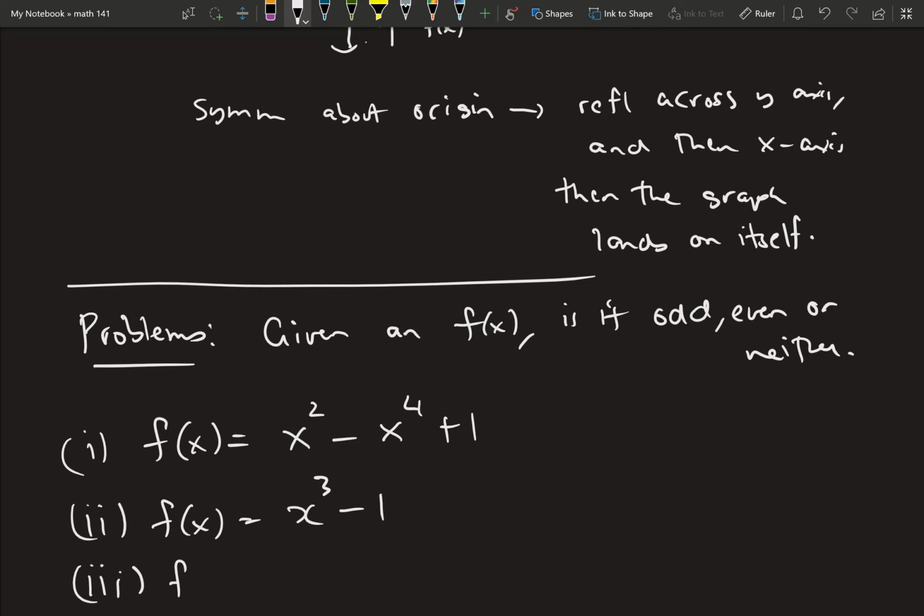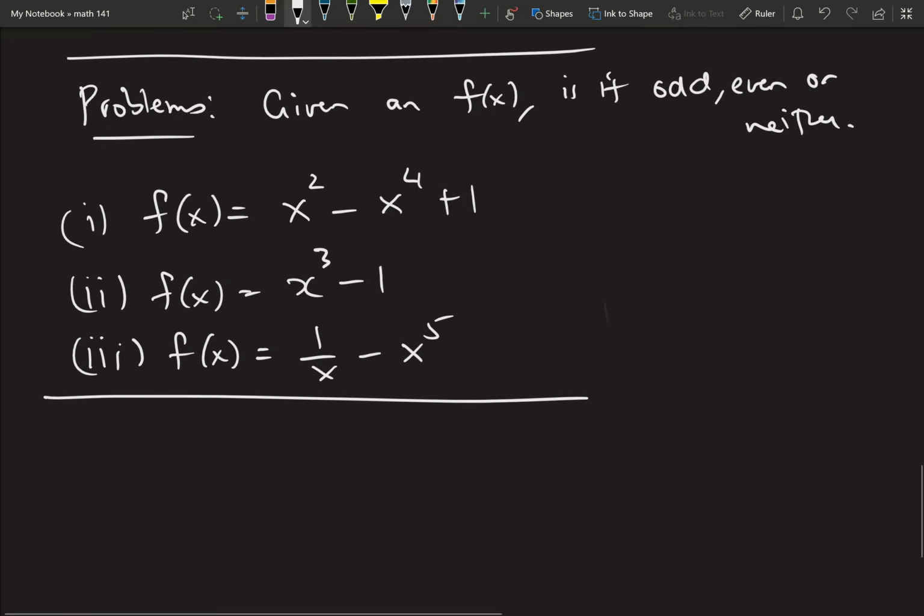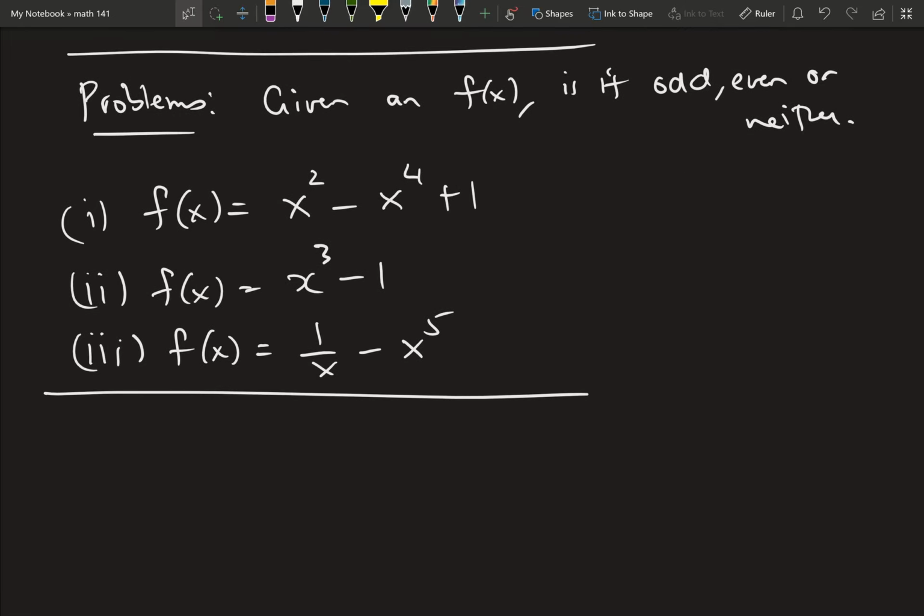And let's do 1 over x minus x to the 5th. Okay, so for each of these, we're going to check whether f of x is odd, even, or neither. So for all of them, what do we have to do? We have to check what is f of negative x.